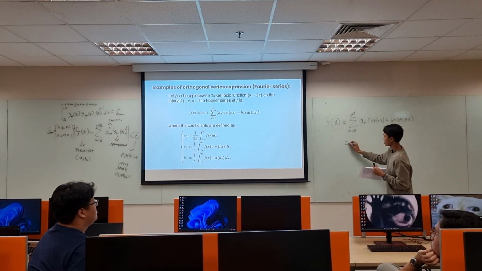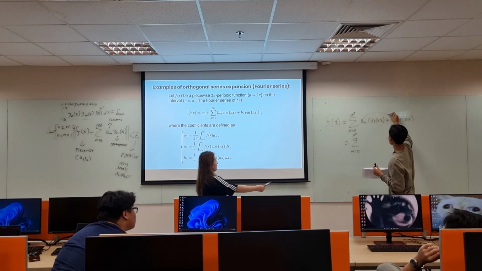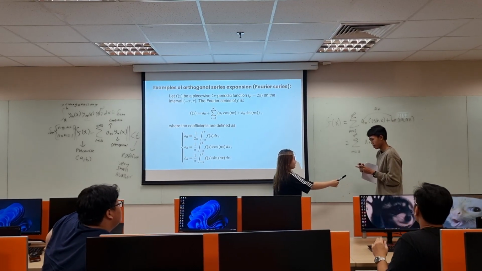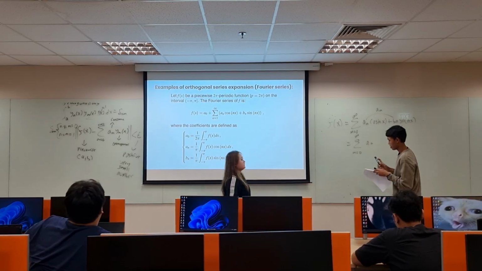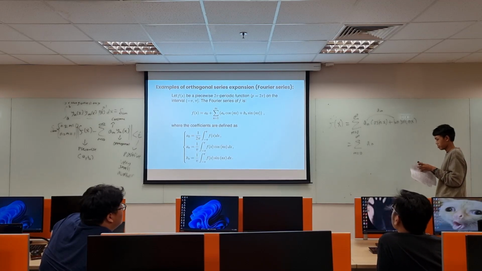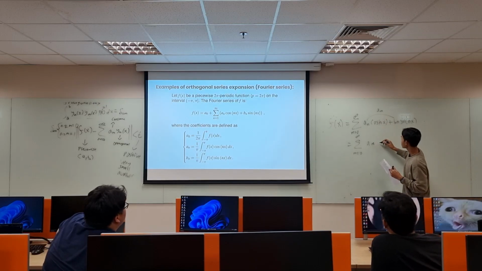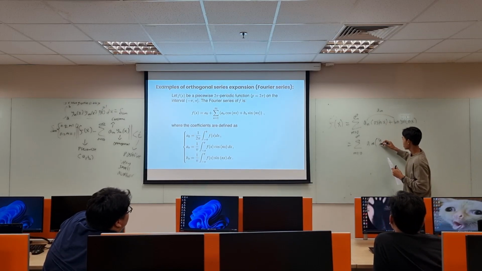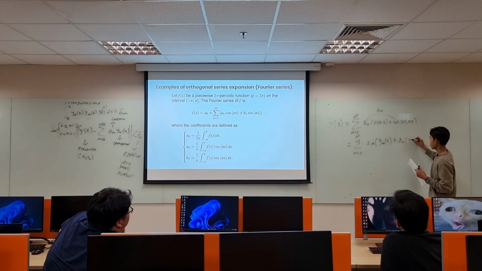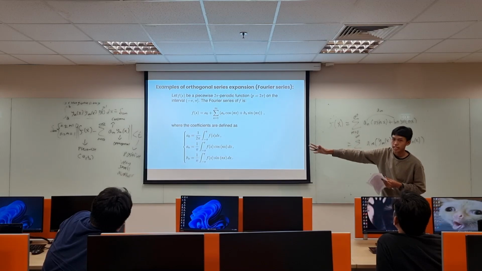This is like a_m, a constant, times y_m(x), plus b_n times y_n(x). You can rewrite it like this.